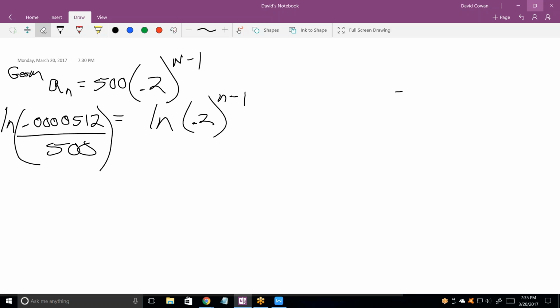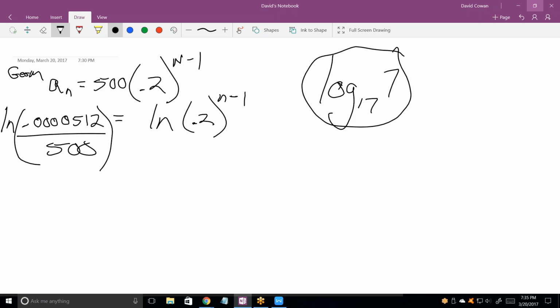The nice thing about common log and natural log is you have a key on your calculator for those. Do you have a TI-84 or an Inspire? TI-84. Okay, with the TI-84 you only have a common log key and a natural log key, so it's harder to work in different bases. If somebody gave you this answer, do you know how to figure that out on your calculator? No. Use the change of base formula.